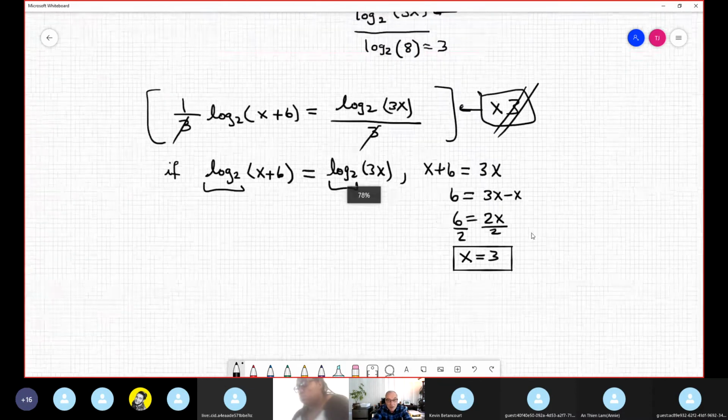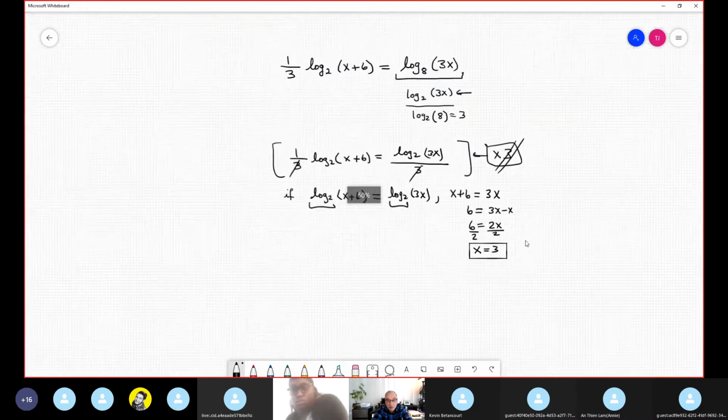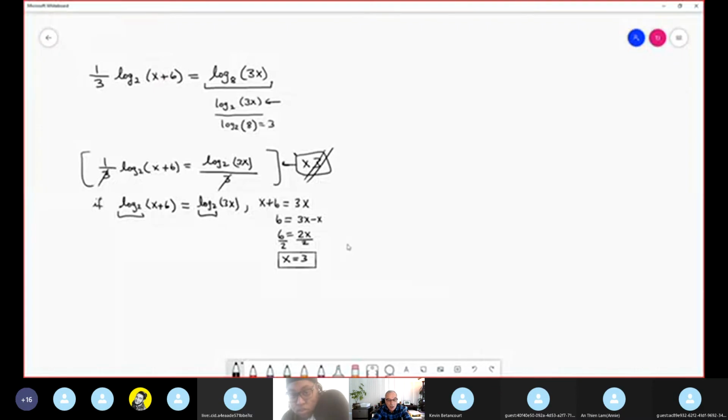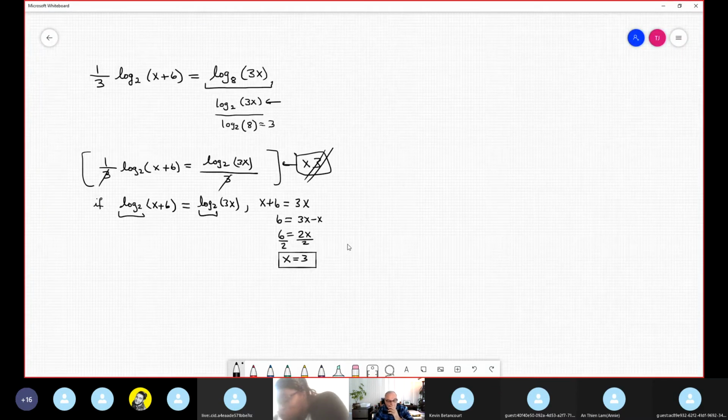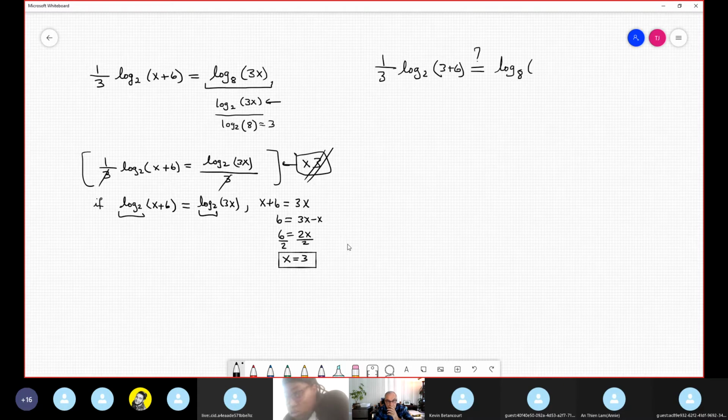I need to verify. Verify where? In the original. I need to prove if 3 works or doesn't work. In the original, 1/3 logarithm base 2 of 3 plus 6 should be equal, question mark, to logarithm base 8 of 3 times 3.